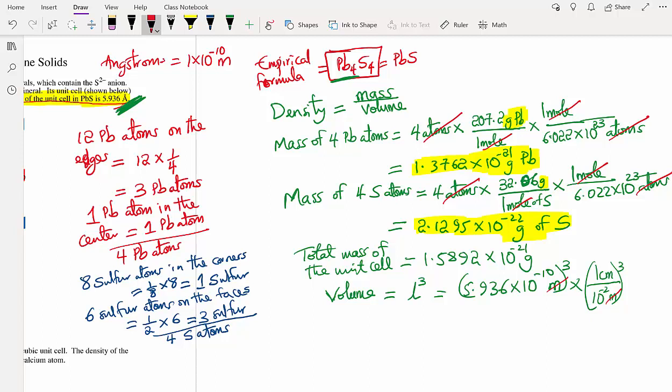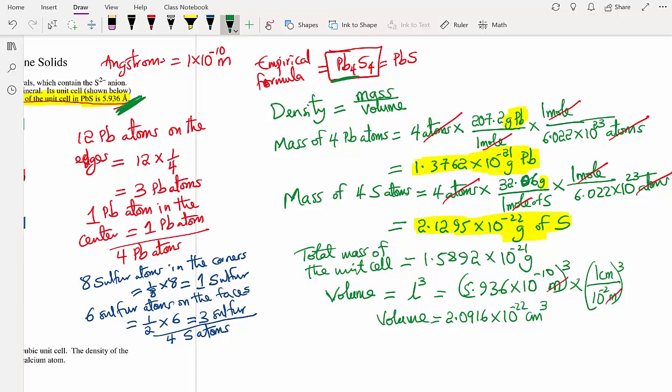Again, why am I using 10 to negative 2? It is because centi literally means 10 to negative 2. If you plug this into your calculator, you should get the volume equals 2.0916 times 10 to negative 22 cubic centimeter.